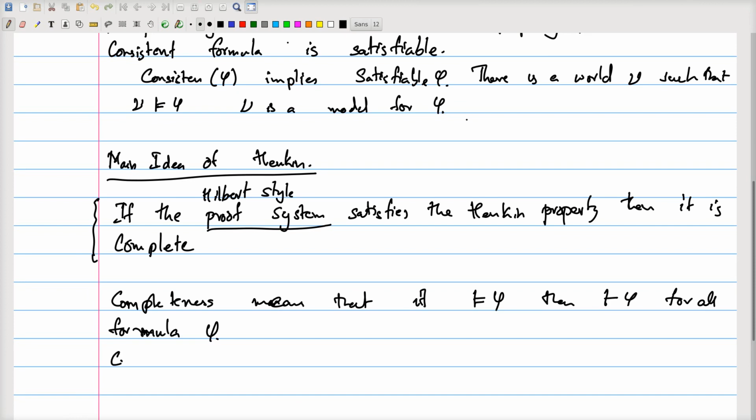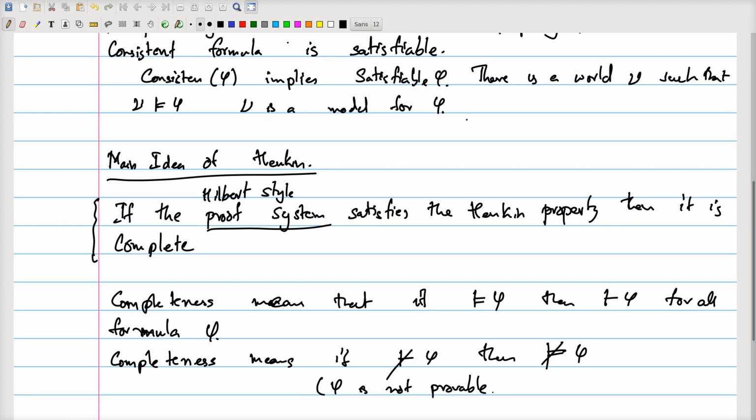Completeness means if phi is not provable, then phi is not valid.